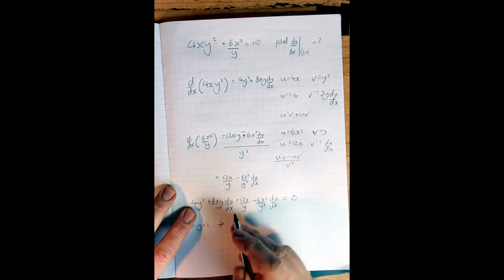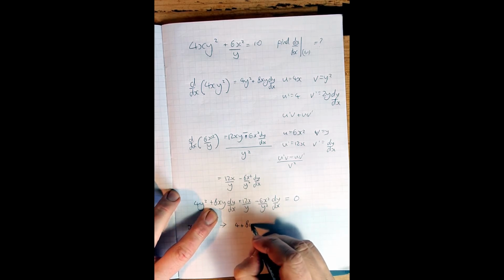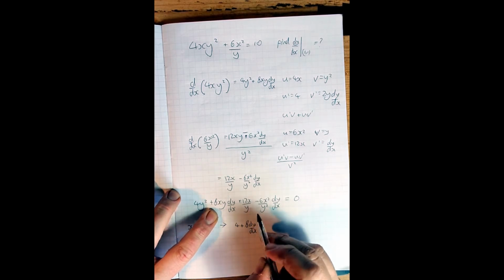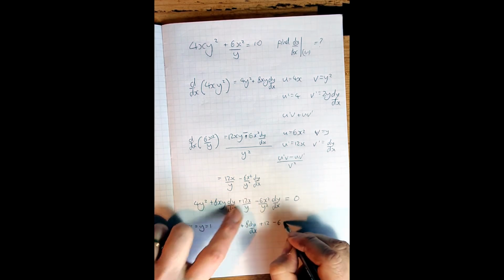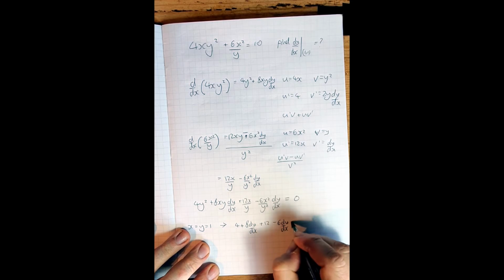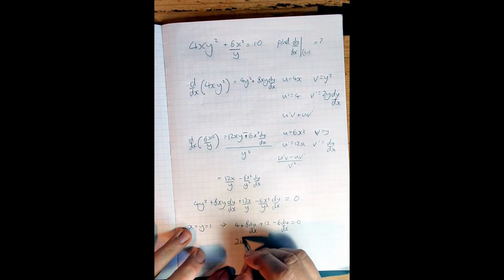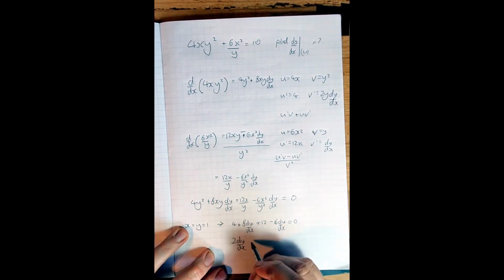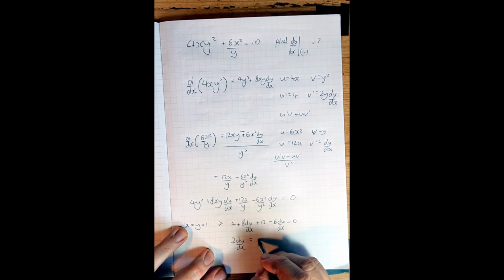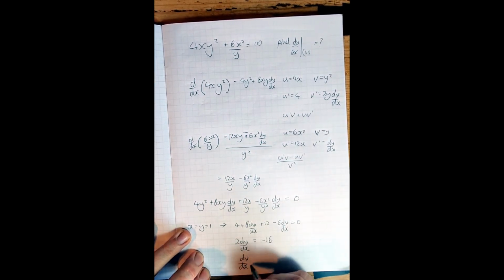So what do I get? 4 plus 8 dy dx plus 12 minus 6 dy dx equals 0. So 8 dy dx minus 6 dy dx is 2 dy dx. 4 plus 12 is 16, so let's take 16 off of both sides. And so dy dx is minus 8.